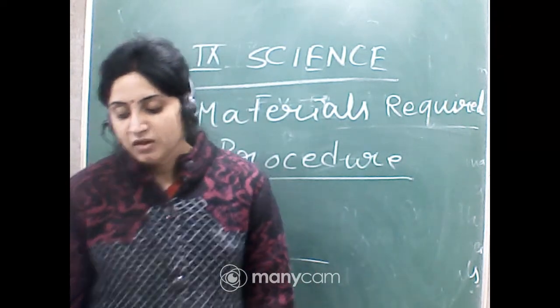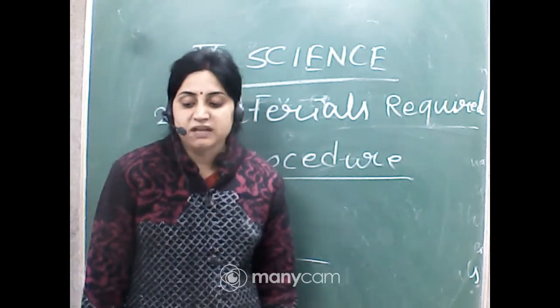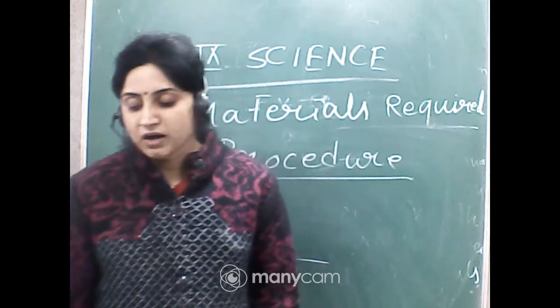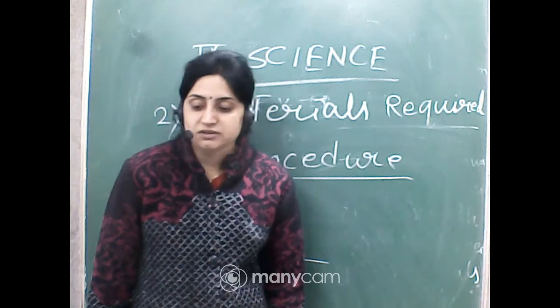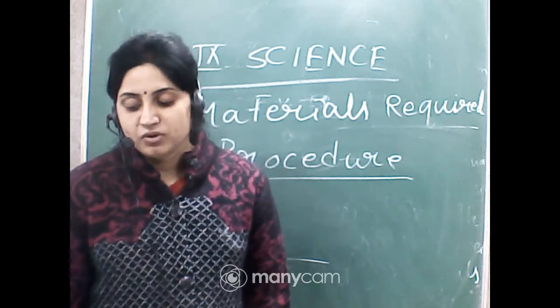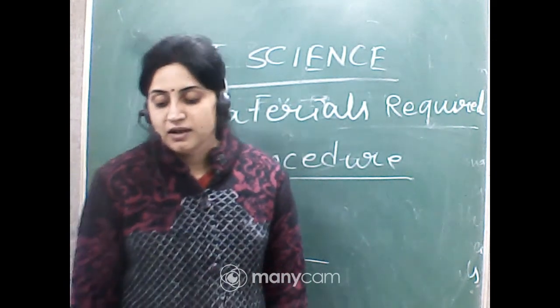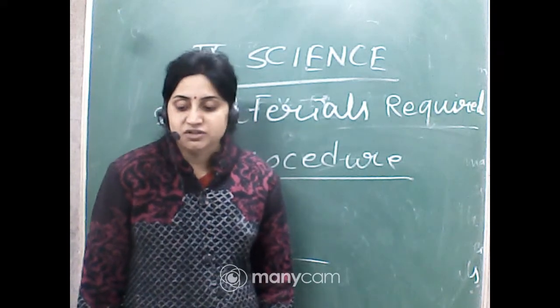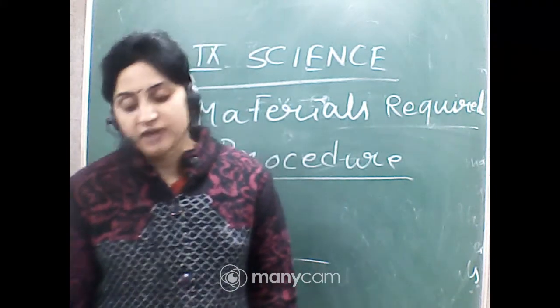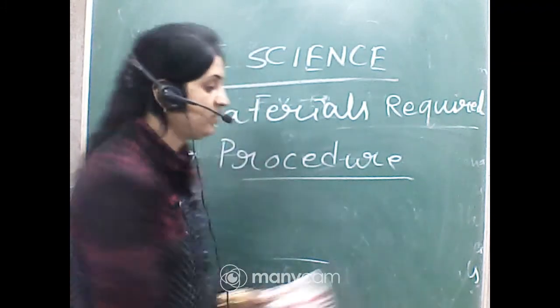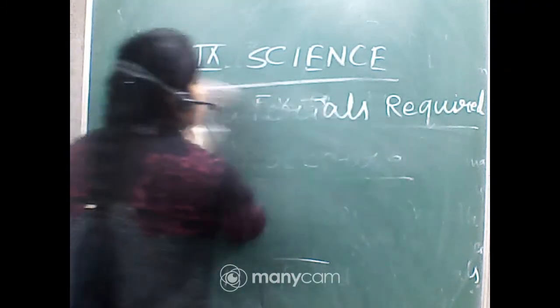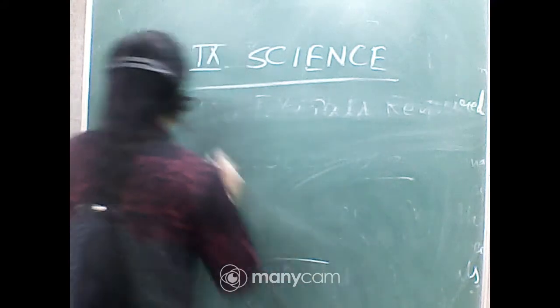So, first point, observe the slides one by one under the microscope and note your observations. Number 2, study the characters and structure of each tissue and draw their diagrams. Next point, observation.